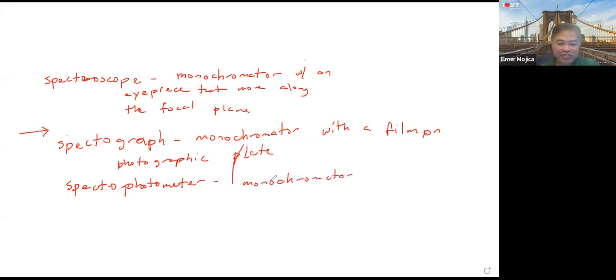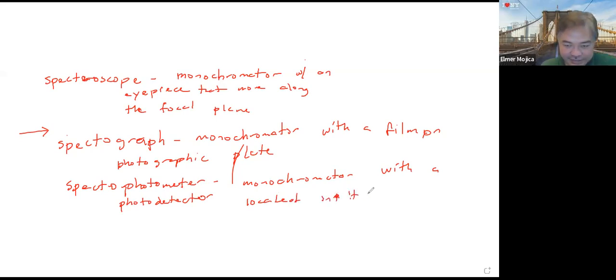But what's the difference? Meron kang detector, or we could say a photo detector, and located in its exit slit.